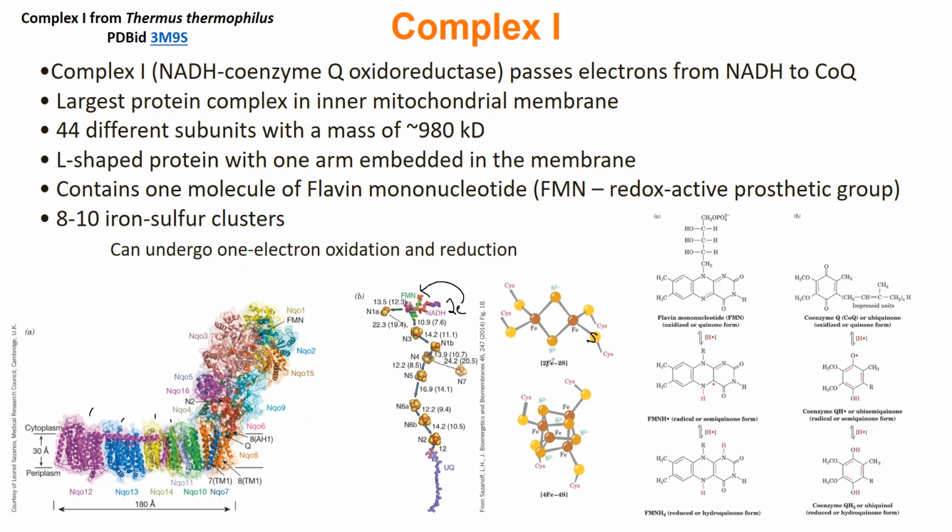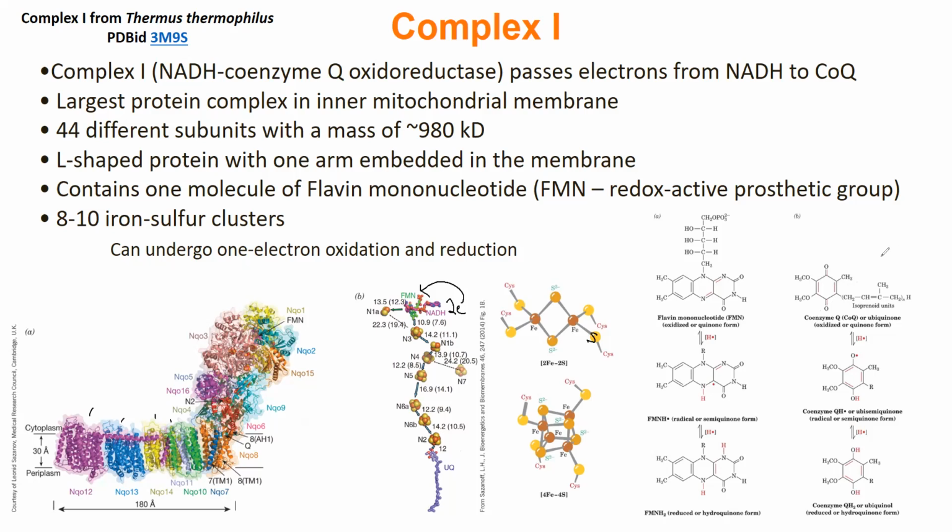So you can have a 2 iron 2 sulfur complex or a 4 iron 4 sulfur complex. Think of these as little electron cages that we use to pass the electrons down in a stepwise manner to coenzyme Q. And what coenzyme Q will do is, again, accept 1 or 2 electrons at a time.